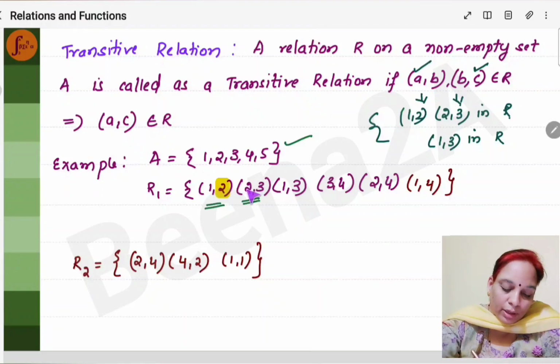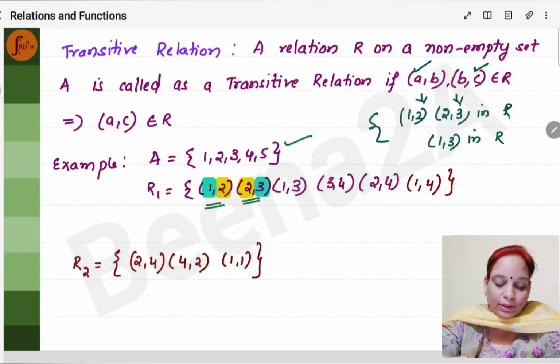You have 1 comma 2 and 2 comma 3. So the second element in the first pair and the first element in the second pair should be the same. So you have this 2 and 2 as same. Now you have 2 comma 3 here, so what should be the third pair? You should have the first element and the last element, 1 comma 3. So this is what a transitive relation is.